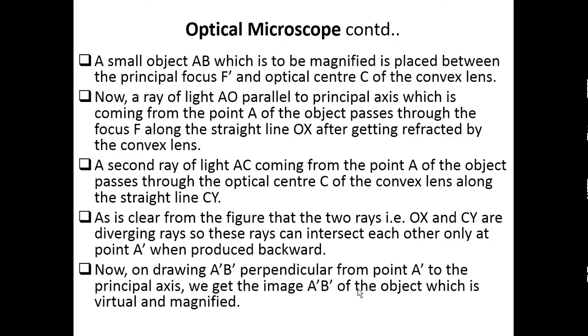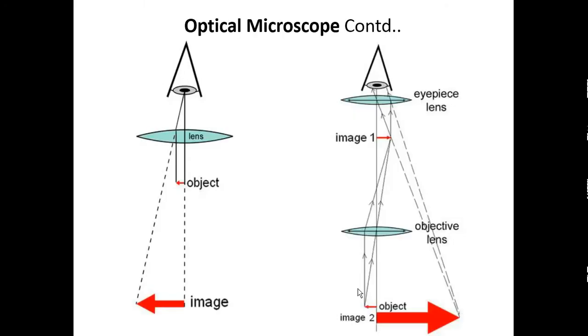So this is the simple magnifying glass. The image is here. This is the magnified view of the image of the object. And this is a compound microscope. Here we have used two lenses, isn't it? One is the eyepiece lens and the other is the objective lens. If you place your object, the sample, here, then the rays go like this, and you know how the compound lens creates images.